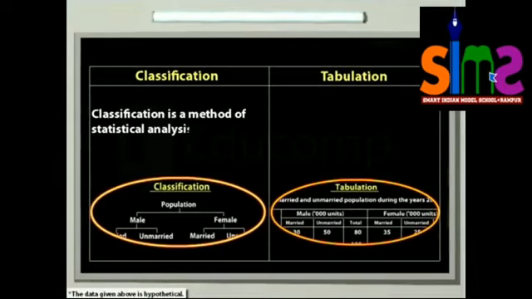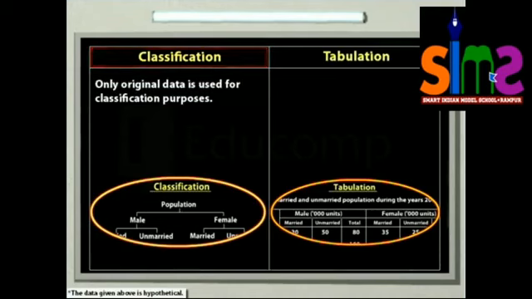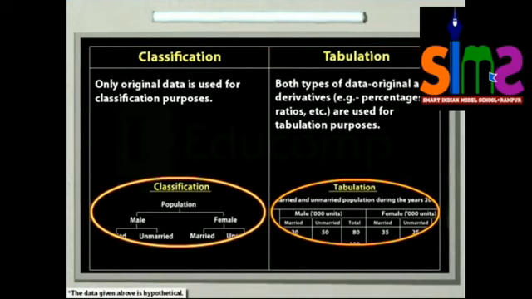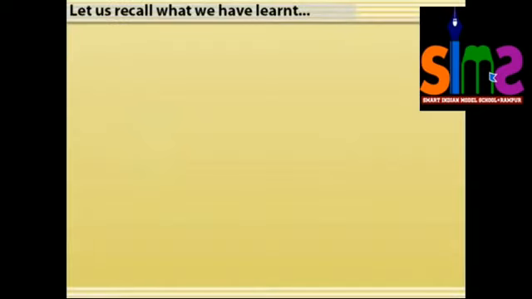Classification is a method of statistical analysis, whereas tabulation is a method of presentation of data. In the process of classification, original data is used. In tabulation, however, both types of data, original and derivatives, are used. Let us recall what we have learned.